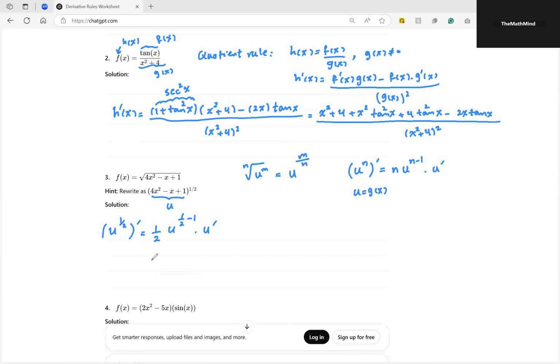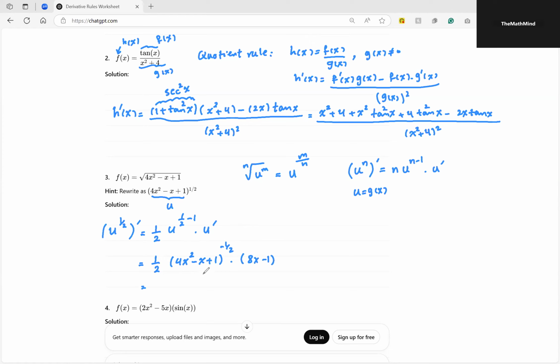Now we substitute the value of u and u prime here. So it is 1 over 2, u is 4x squared minus x plus 1 to the power of negative 1 over 2, and it is multiplied by u prime, which is 8x minus 1.